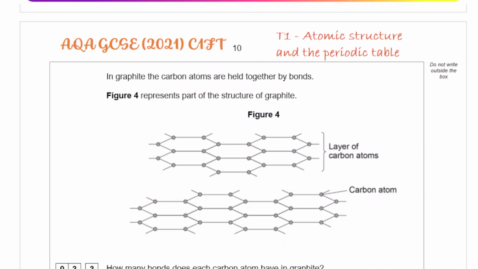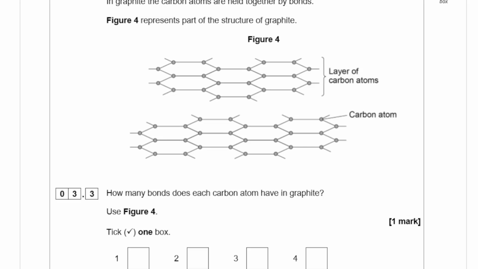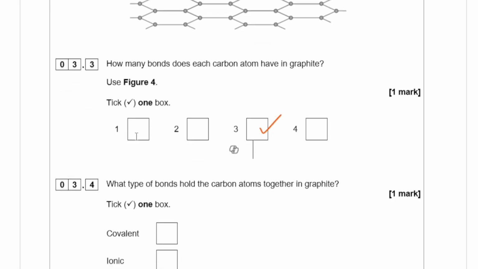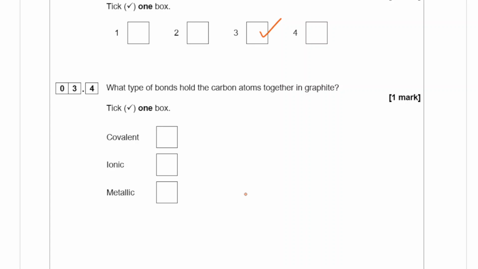In graphite, the carbon atoms are held together by bonds. Figure 4 represents part of the structure of graphite. So you have the layer of carbon atoms. How many bonds does each carbon atom have? In graphite, that will be 3. What type of bonds hold the carbon atoms together in graphite?